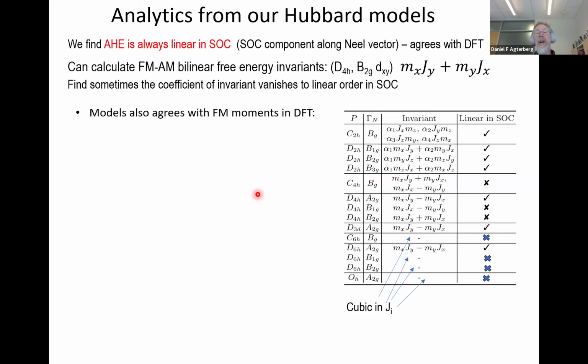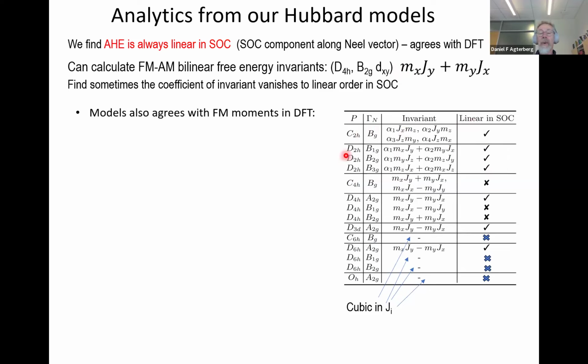And then we find that the coefficient in front of that is sometimes linear in spin orbit, but sometimes it vanishes to linear order in spin orbit. And in fact, when we go through all the possible point groups and all the possible altermagnetic symmetries, we can find out when it's linear in spin orbit and when it vanishes.